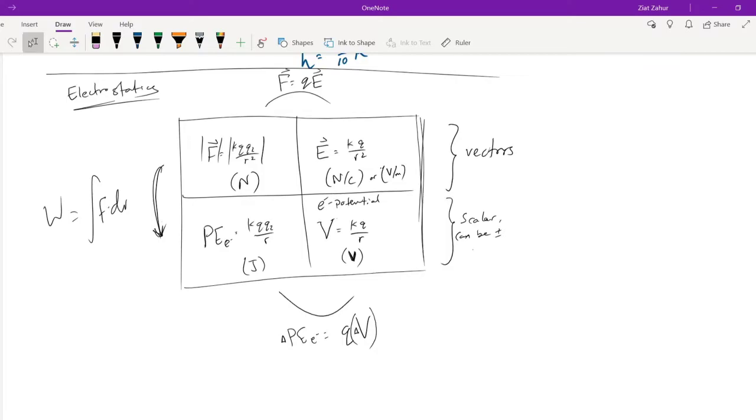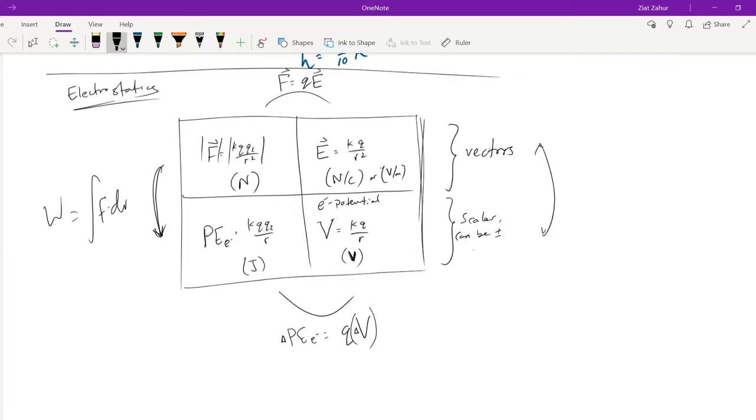All right. And the new one is this thing. And how do we relate E and V? E and V. No, V equals Ed is only good for where E is constant. There you go.